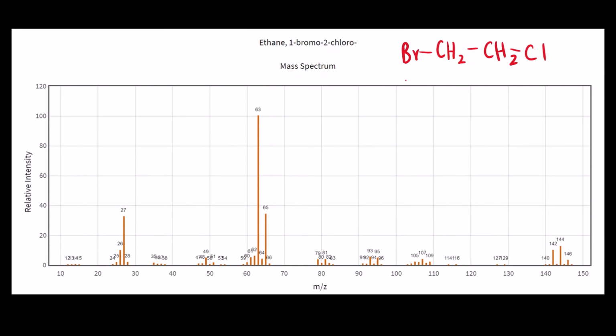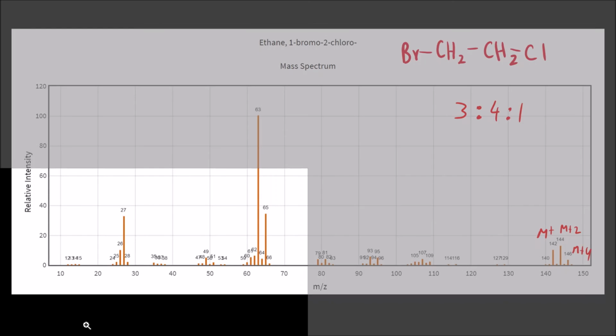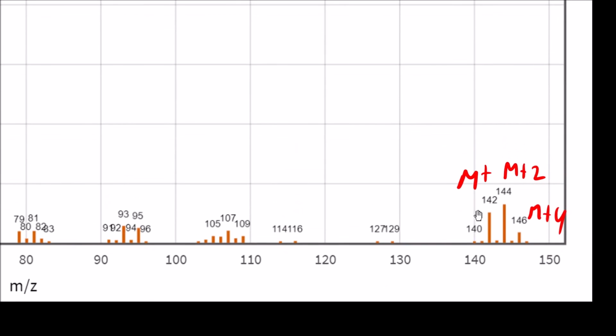Last is when there is one bromine and one chlorine. For one bromine and one chlorine, the ratio is 3:4:1. So this is M plus, this is M plus 2, this is M plus 4. Let me zoom this. M plus is 3, slightly above is 4, that is 144, the M plus 2 peak, and very low is M plus 4.